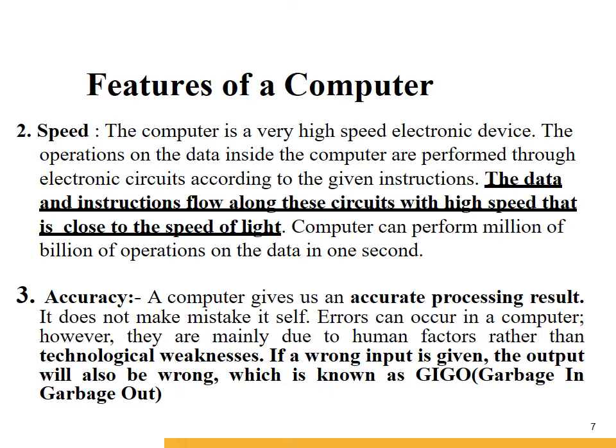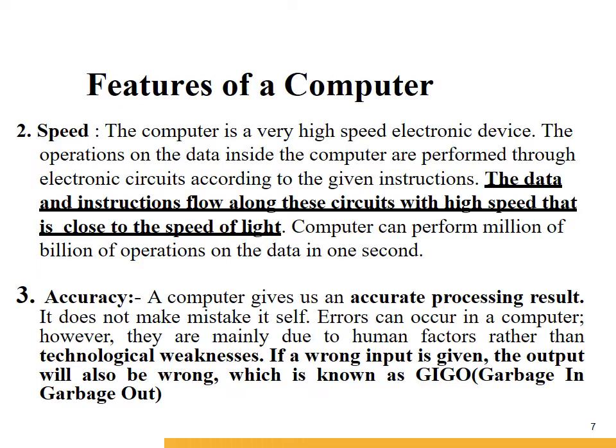So now next is accuracy. A computer gives an accurate processing result. It does not make any mistake itself. Errors can occur in a computer. However, they are mainly due to what? Due to human factors only rather than technological weaknesses.